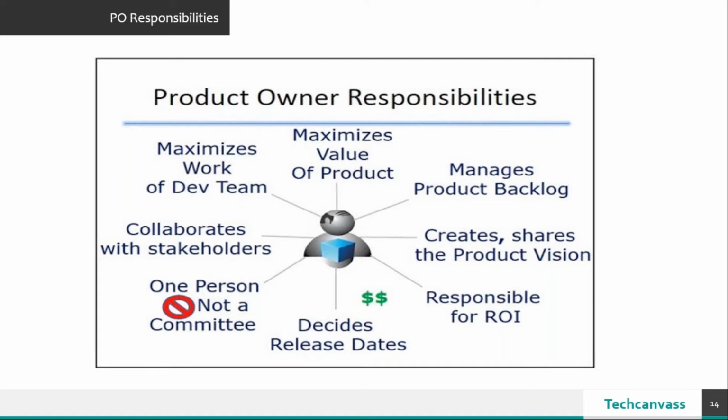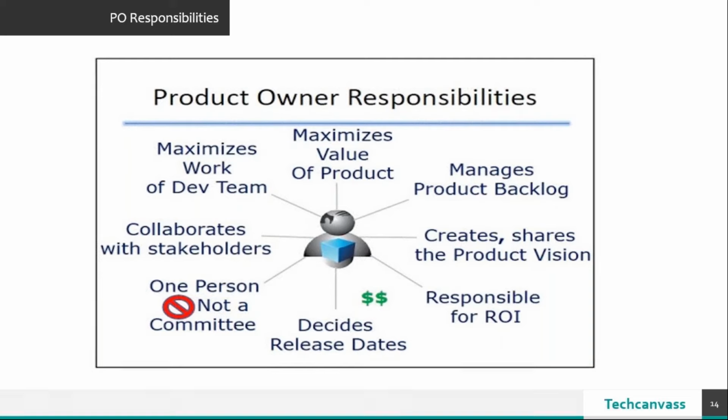You collaborate with your stakeholders or your customers, or your end users, to ensure that the requirements are all captured correctly and the customer needs are all taken into consideration. And one very important point that needs to be kept in mind is that the product owner is always one person. So there's just one product owner for a particular product that you create.